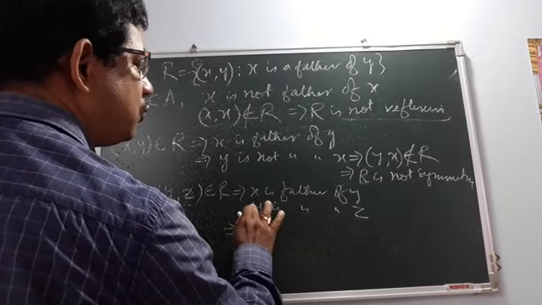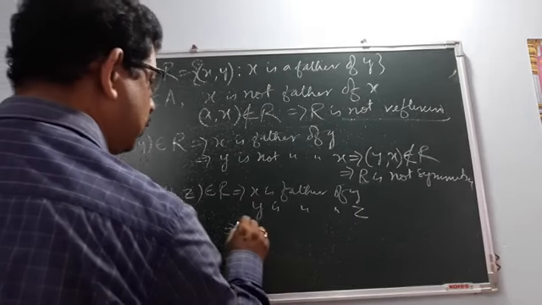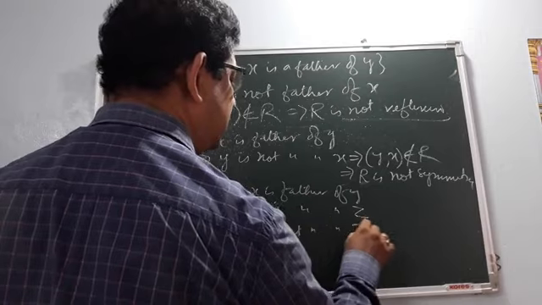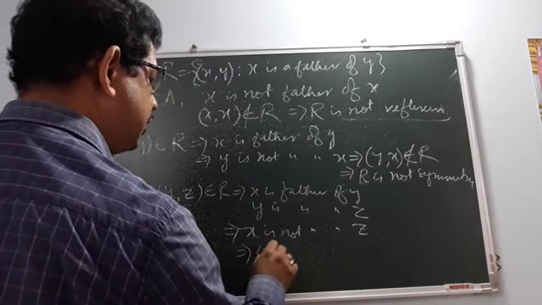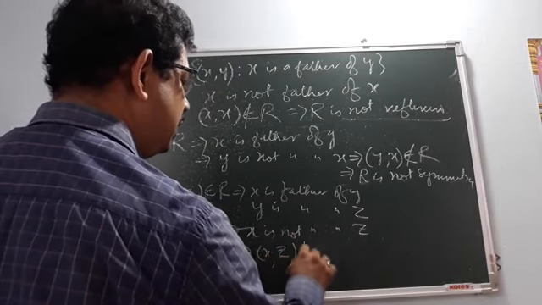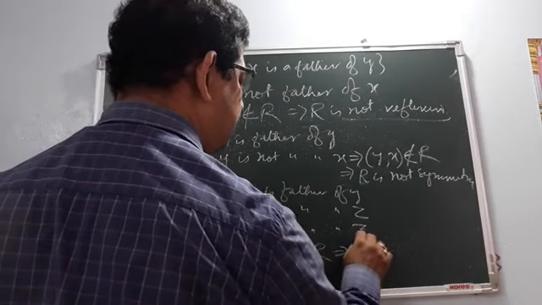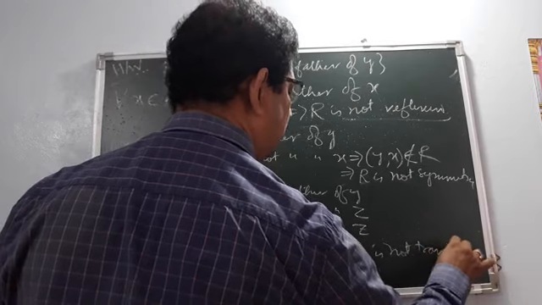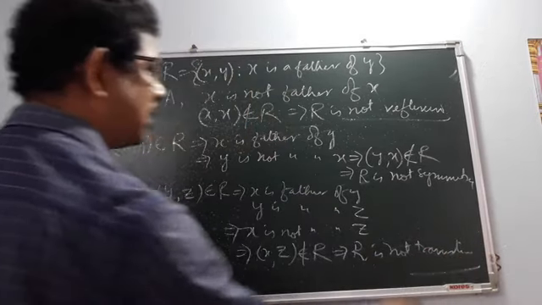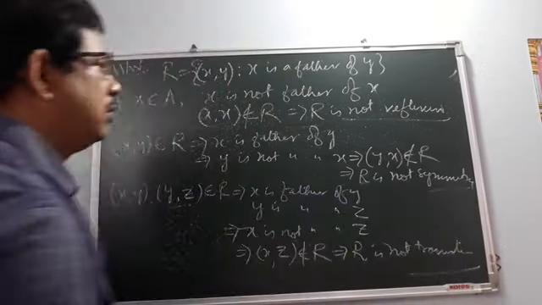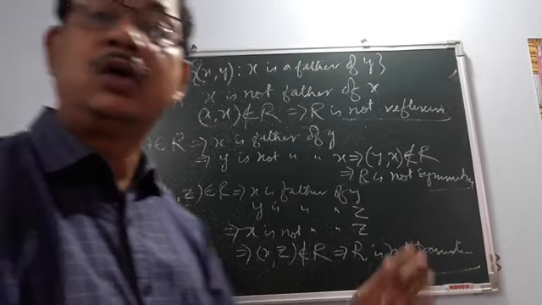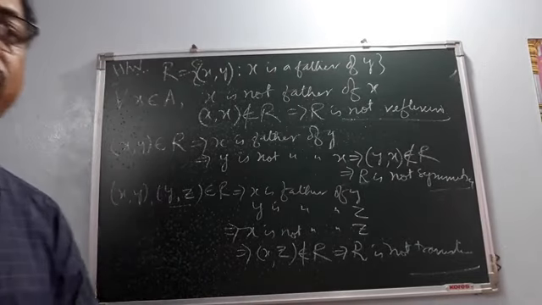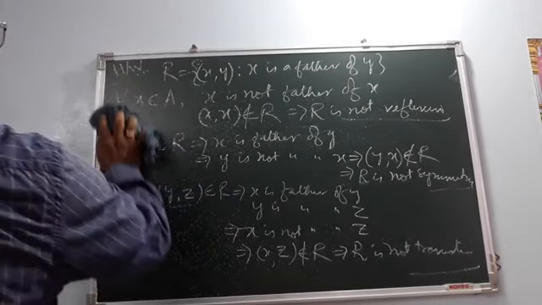So x is the grandfather of z, not the father of z, which implies (x, z) cannot be an element of R. So R is not transitive. So our homework answer is that it is neither reflexive, nor symmetric, nor transitive. Those who have done it, check it; those who have not done it, copy it.